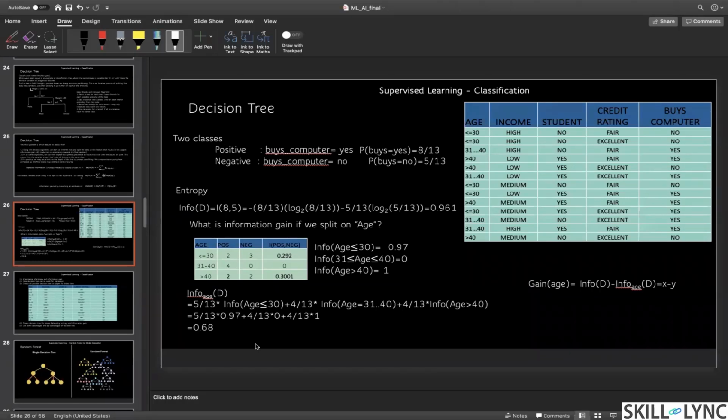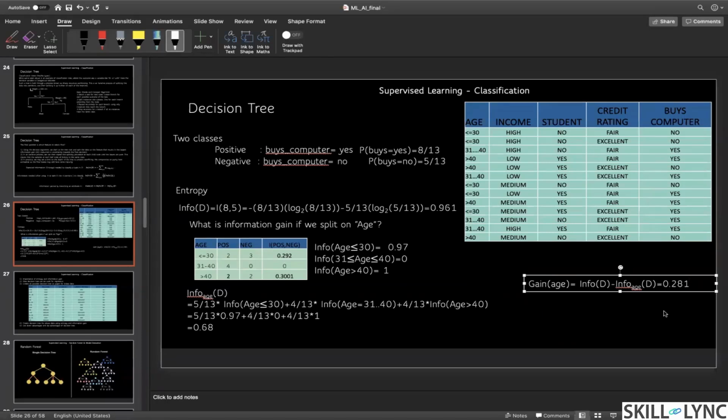Now if I want to calculate the information gain for the age, which is called, I'm writing it as gain of age, it is information coming from the output minus information for corresponding age. So this value would be, am I right?